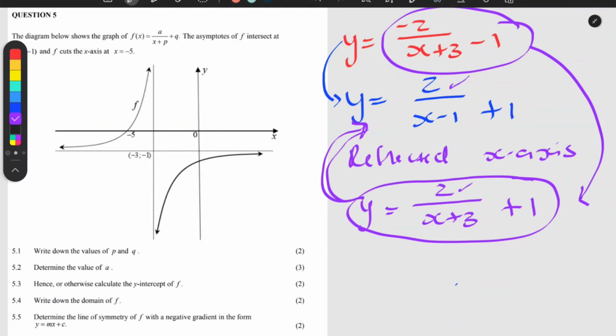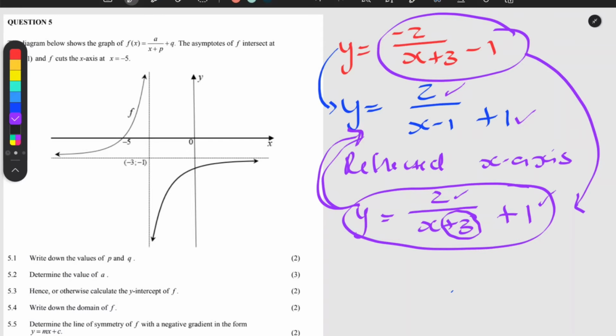This stayed the same, but I went from a plus 3 to a minus 1. How do you get from 3 to minus 1? We minus 4. 3 minus 4 will give me negative 1.